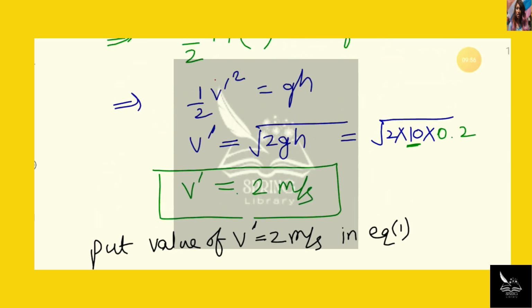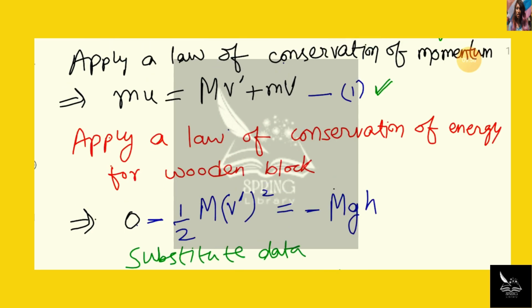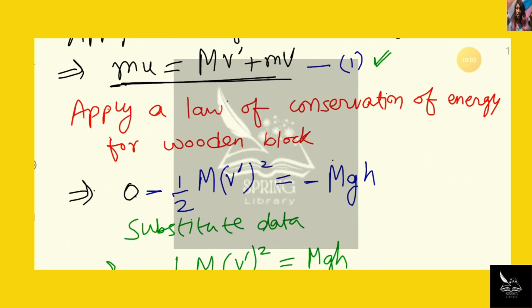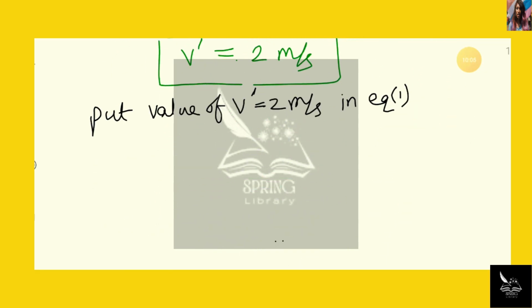Equation number 1 is mu is equal to capital M v dash plus small m multiplied by v. So here I am writing this equation number 1 again: mu is equal to capital M v dash plus small m multiplied by v.